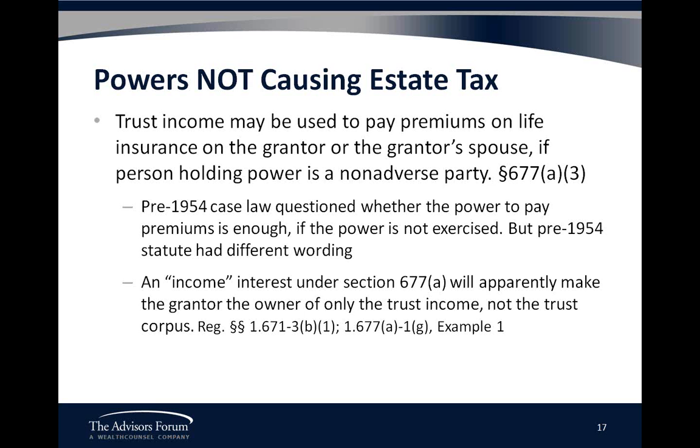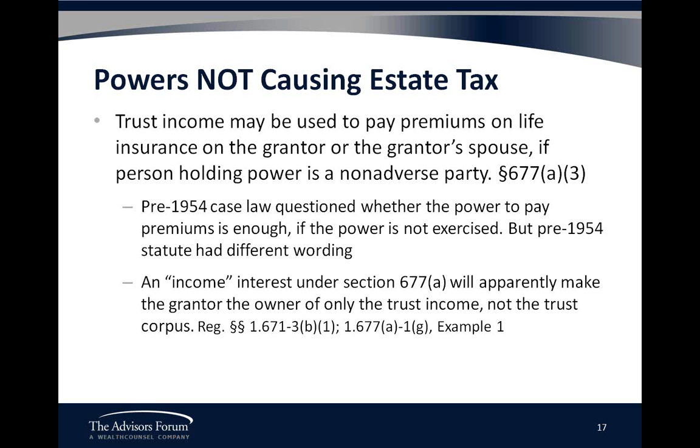We're going to talk about that. It's basically an independent trustee. Now, there are a few pre-1954 cases which question whether the power to pay premiums is enough. You have cases holding that if the trust doesn't own any insurance, then that's not going to work, or if the trust owns insurance but doesn't pay any premiums.